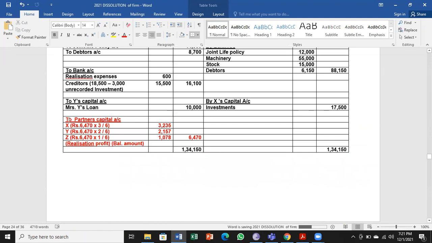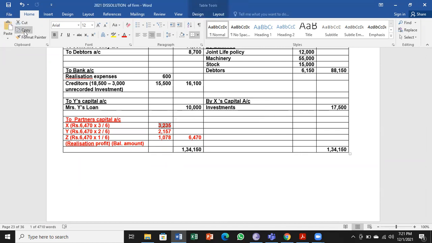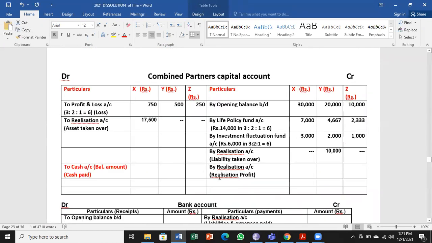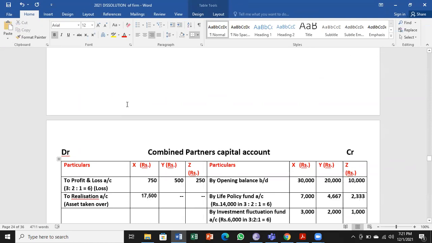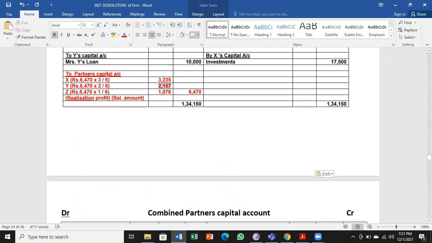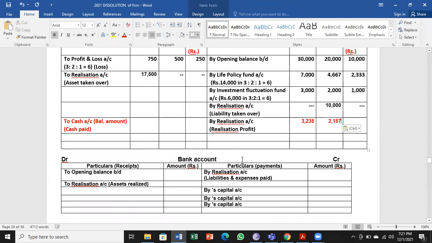Then we have got a profit here by realization of assets and liabilities, payment. The realization profit, we have to take to the credit side as by realization account, realization profit. It is for all the three partners. So carefully we have to take from the debit side to the credit side.